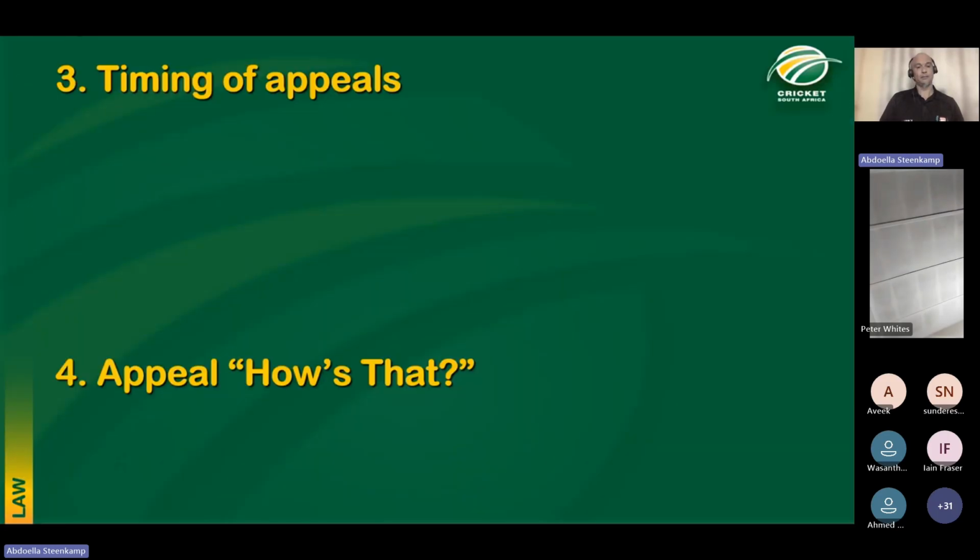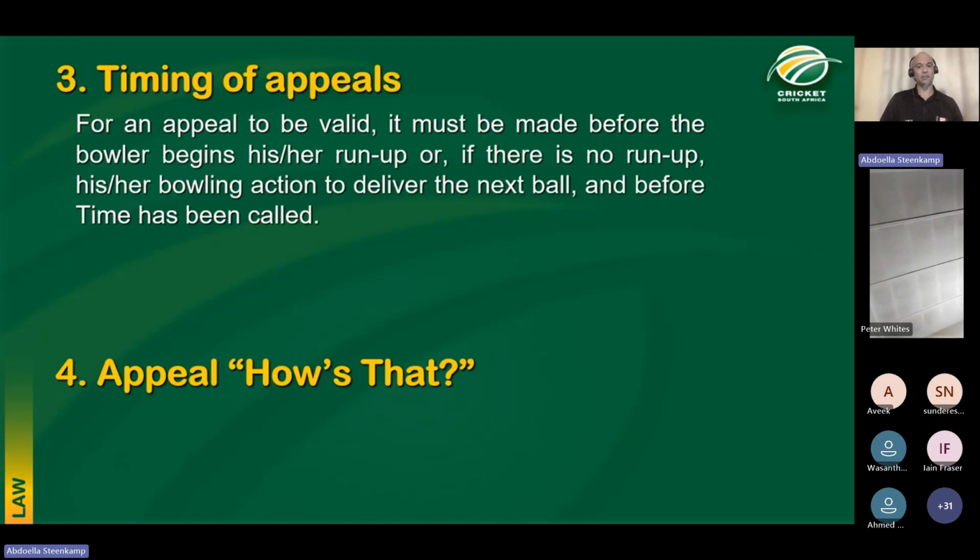Appeals. When it comes to the timing of appeals, there's a window period for how long the appeal is valid. The window period for the appeal only closes as soon as the bowler begins his or her run-up to bowl the next delivery and time has not been called.